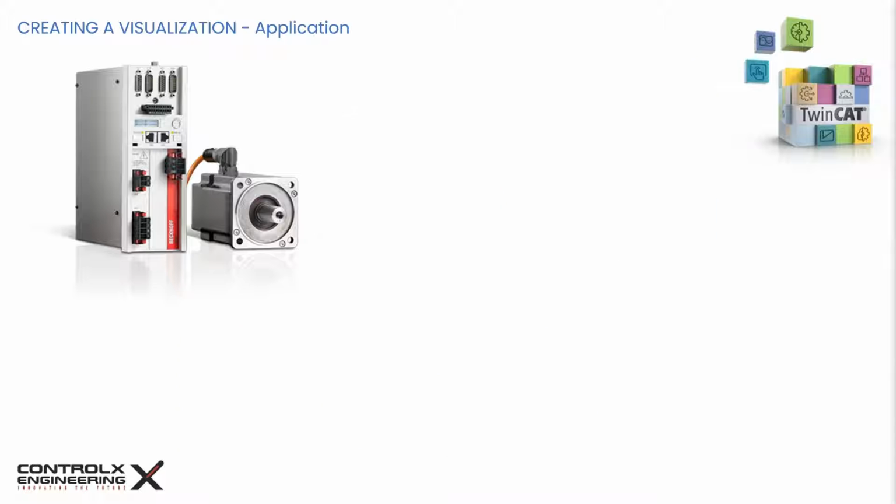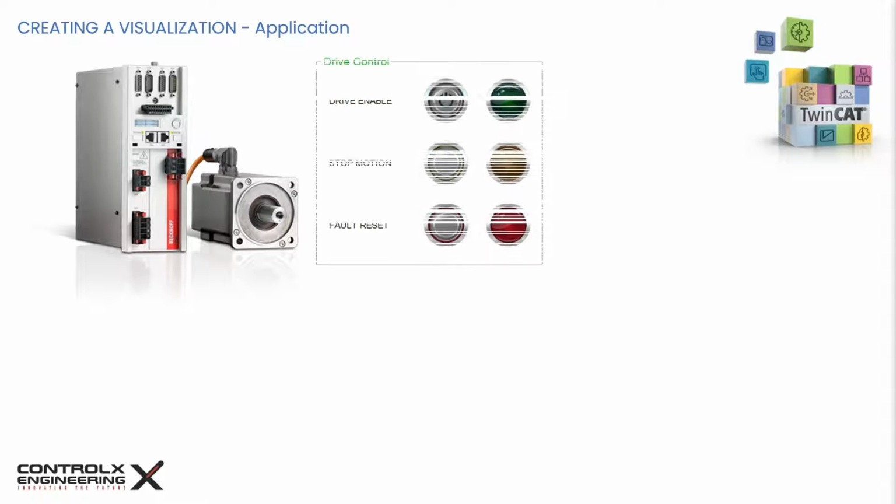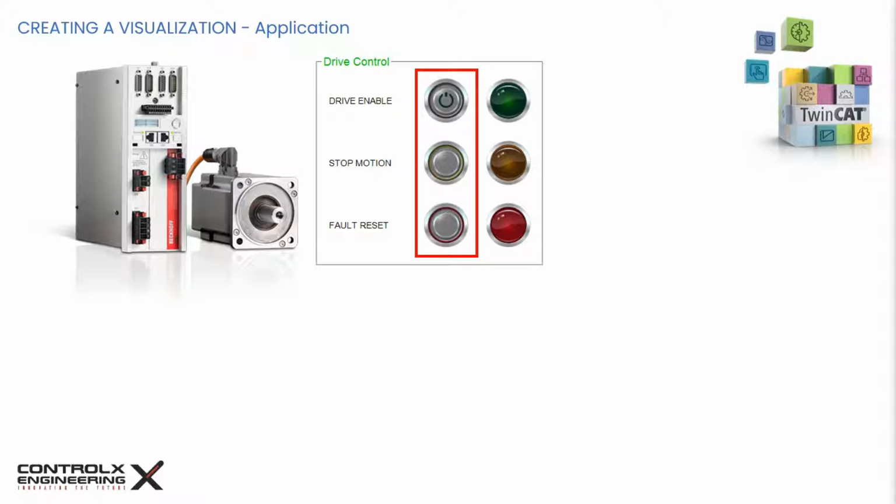Now let's go deeper into the concept and review from the application point of view. We need controls for the drive to enable, start, stop, and reset the motion controller. For that, we can implement a control interface as shown. These switches can be tied to Boolean variables in the PLC and used for the corresponding actions. We'll be using LED indicators to visually indicate the state of the status variables related to these actions.